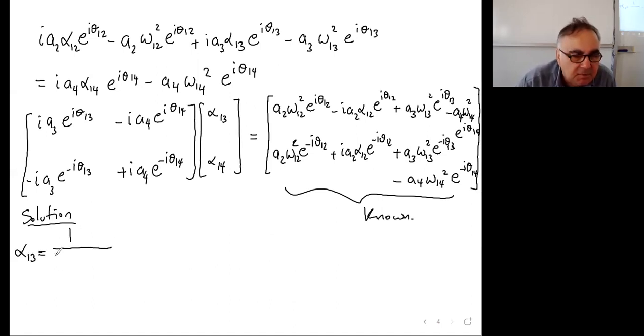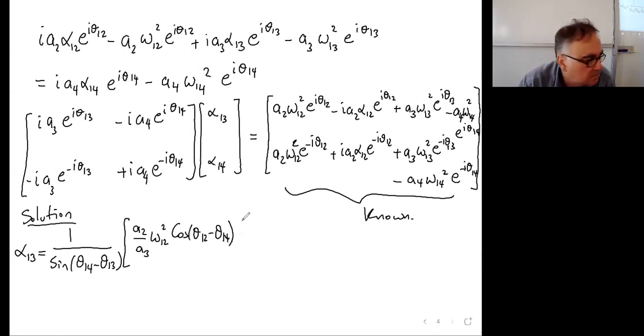1 over. Again, theta 1,4 equals theta 1,3 is a singular position. So there is that. A2 over A3.